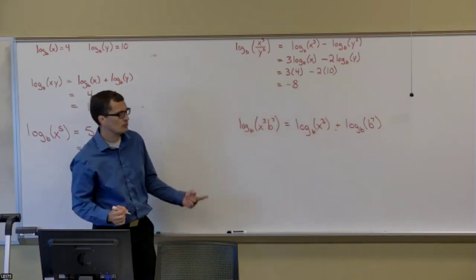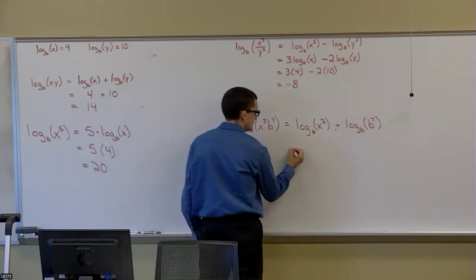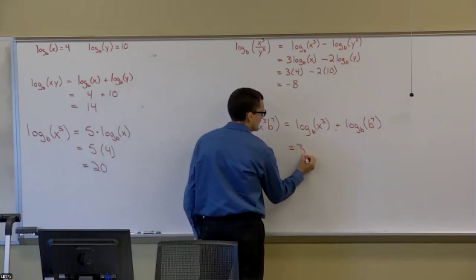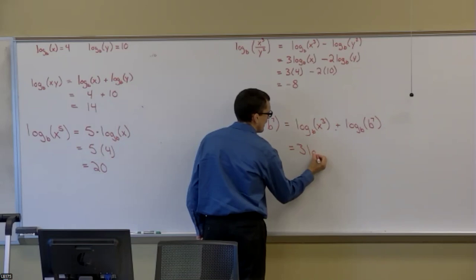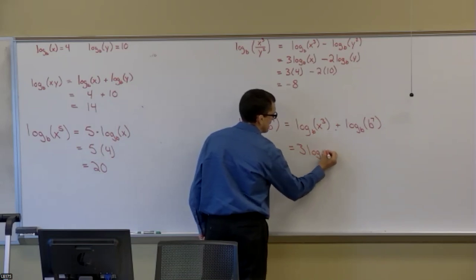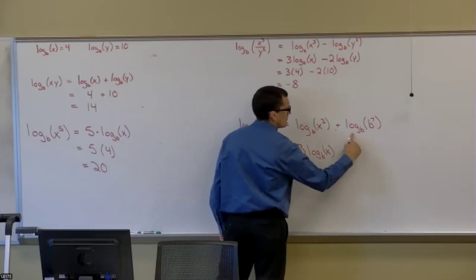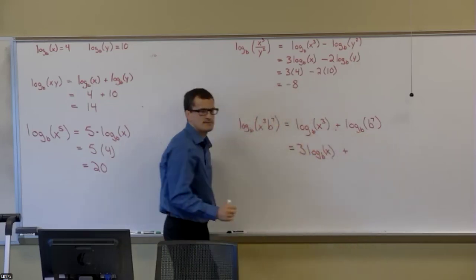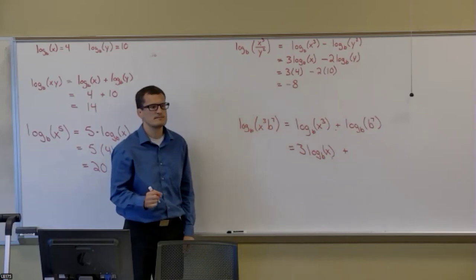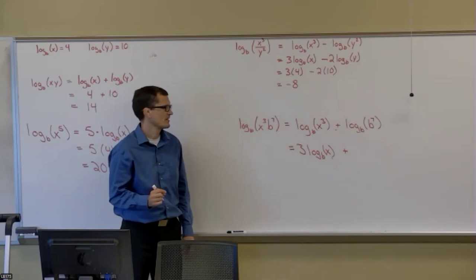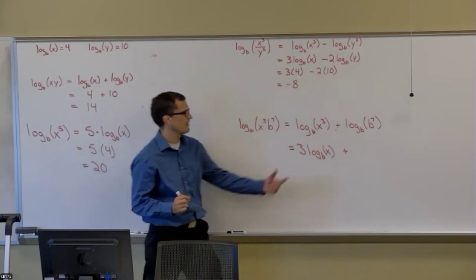On this first part, it's going to be 3 times log base b of x. What's the second number going to be?